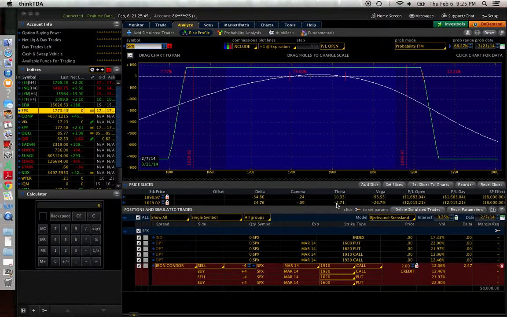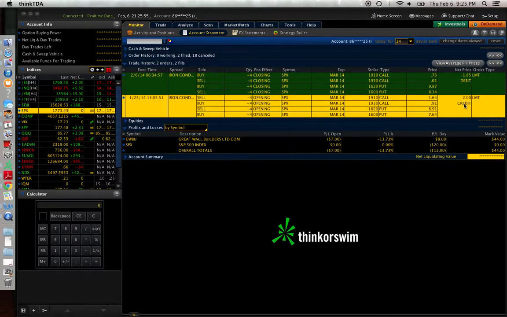I was able to sell that on the 24th for a $2 credit. Today, I know I showed you yesterday on the video I was trying to get it for $1.80, but I actually increased my limit to 185 to still be in profit mode, just because I wanted to get out of the trade.